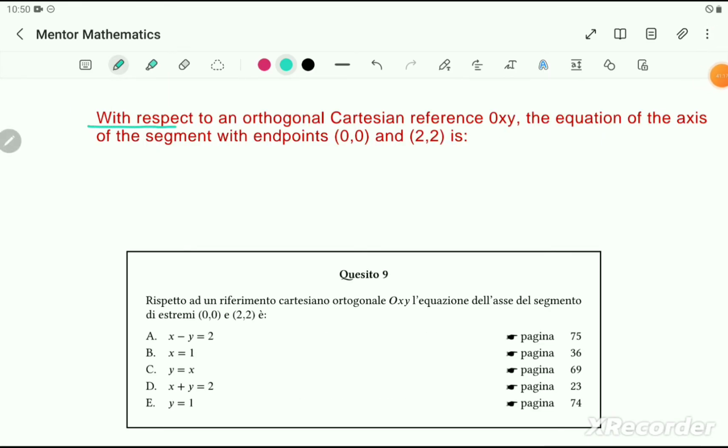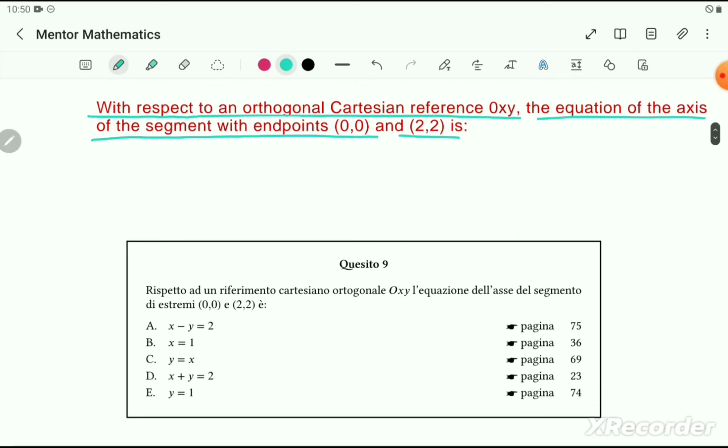With respect to an orthogonal Cartesian reference OXY, the equation of the axis of the segment with endpoints (0, 0) and (2, 2) is... So we have to find the equation, and the information given in the question is that it's a Cartesian reference plane. We know this is the Cartesian coordinate system.